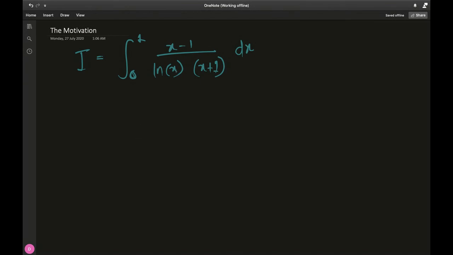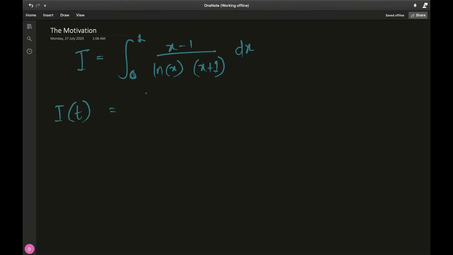Okay, so if there was no natural log over here, we would just have a polynomial divided by a polynomial. In this case both are linear, so we'll have a linear divided by a linear, and it would be really convenient to solve that. So to get rid of the natural log, we can use the Feynman technique of integration, or the Leibniz rule of differentiating under the integral sign.